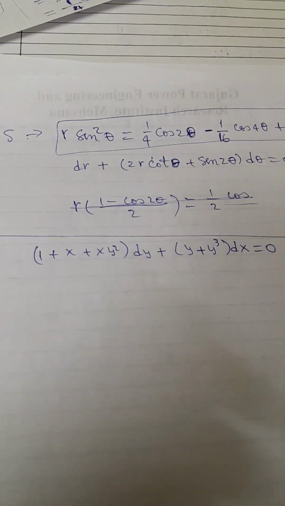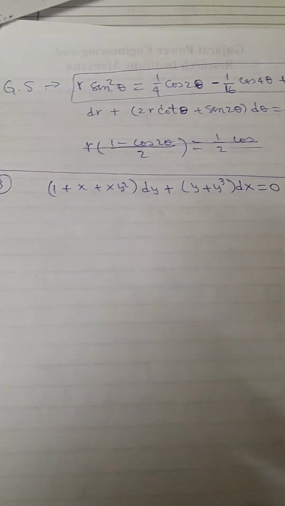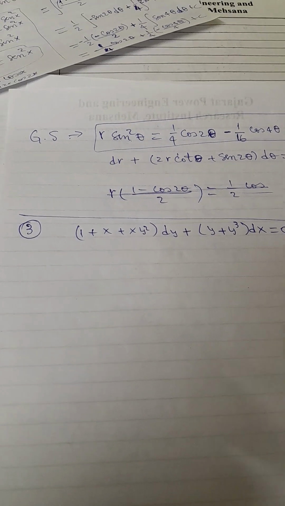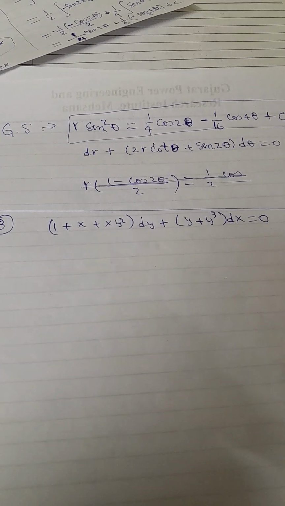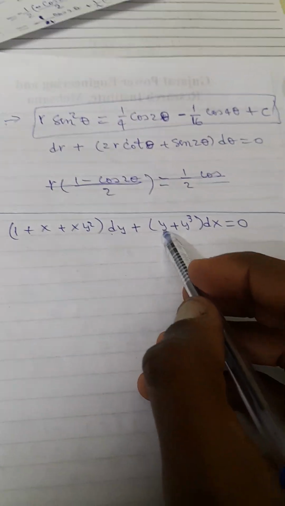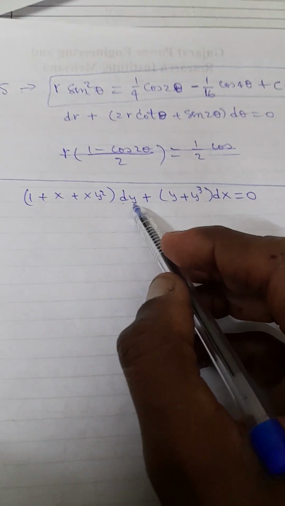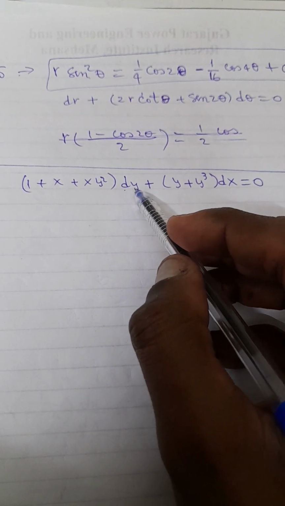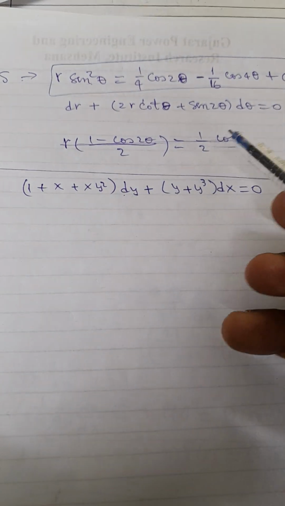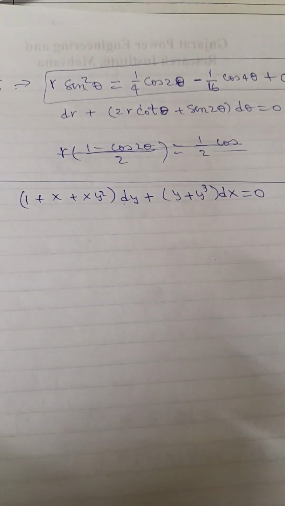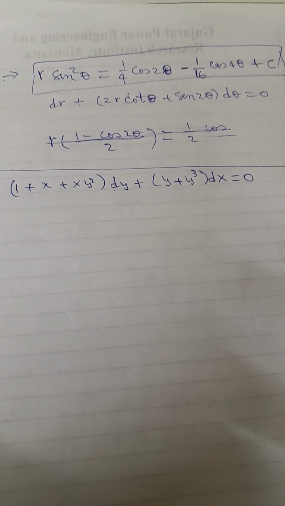Again, how to see whether this equation can be solved? The first thing is to see how this can be solved as a linear differential equation. We check where you find dy and y only. The dependent variable must be linear, as well as the differentiation of the dependent variable.